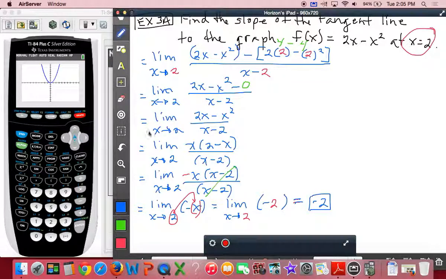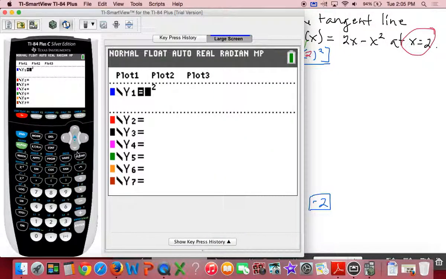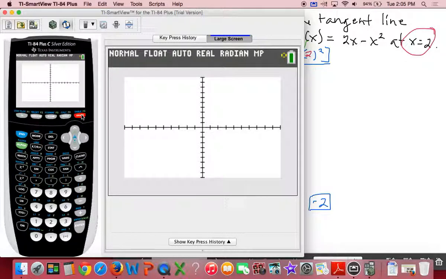Well, let's see what that looks like. So let's go back to your calculator, go into the y equals, clear that out, and you're going to put in our original function 2x minus x squared. That's our original function. Look at the graph. And at 2, isn't this, well, let's go over here on the big screen.